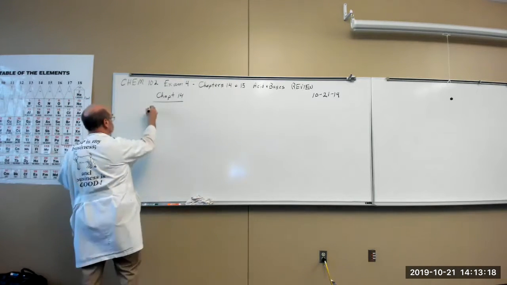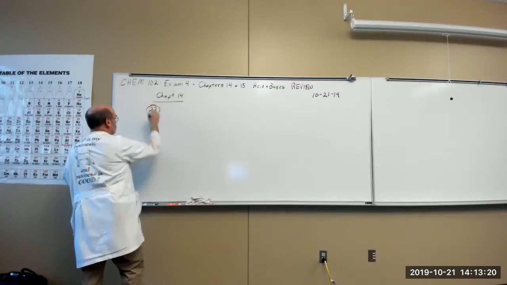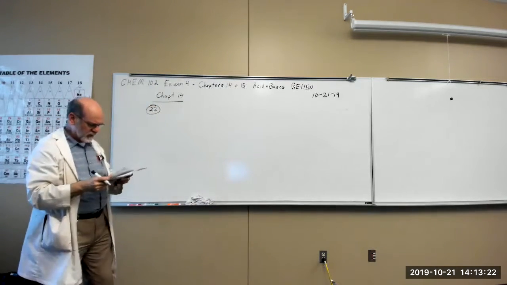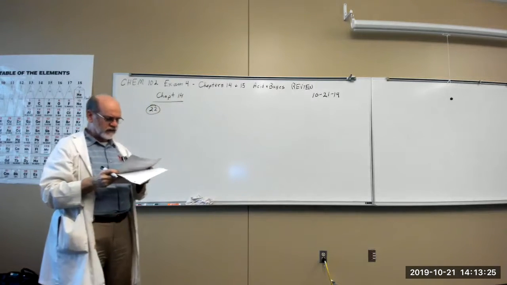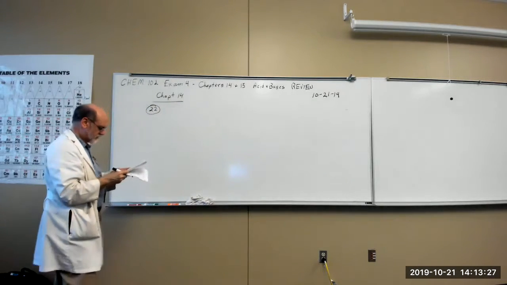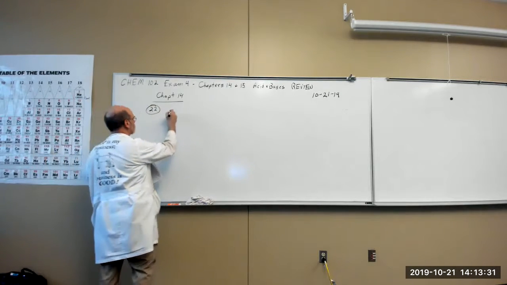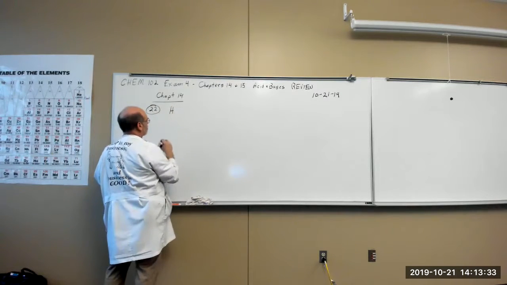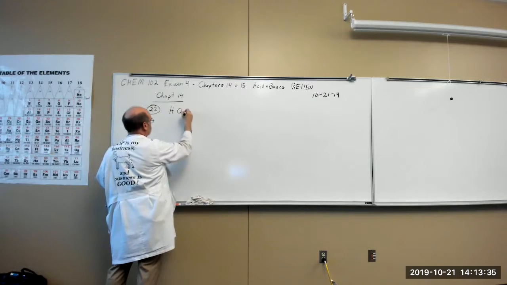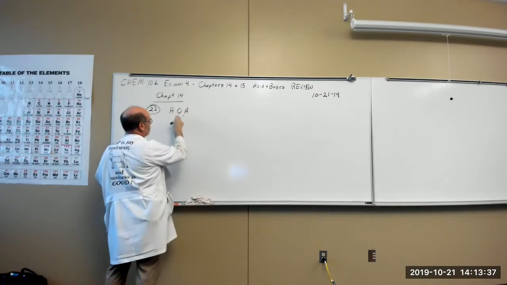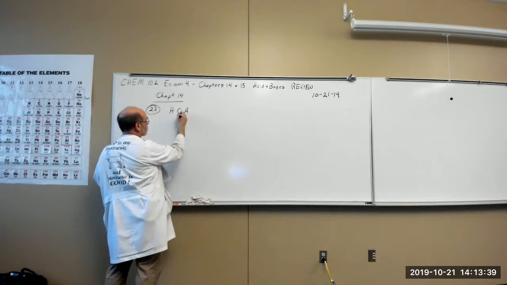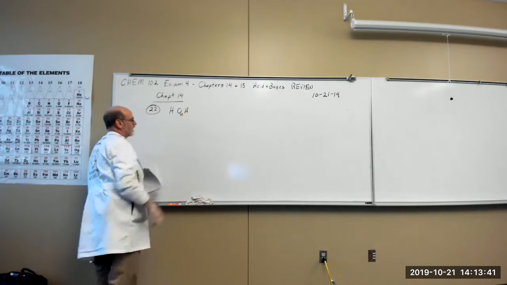How about this one? Which factor listed below is most important in determining the strength of an oxyacid? What's an oxyacid? It's got oxygen in it. Now this one can be any number of oxygens.